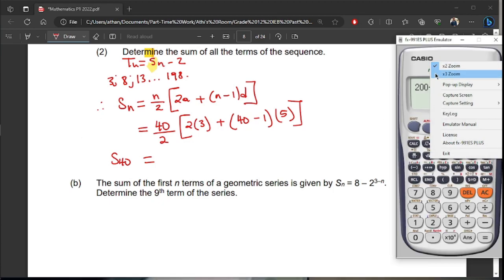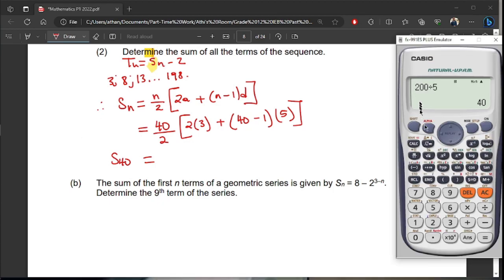So to quickly do that, let me write it. 40 minus 1 times 5 and close bracket. Hey, it's too high, guys.